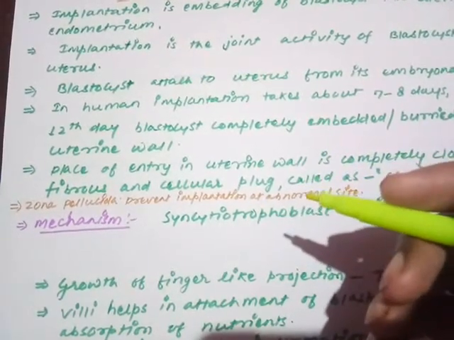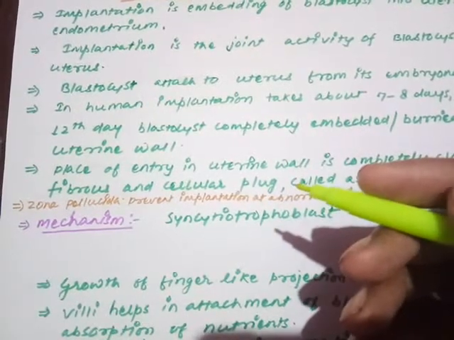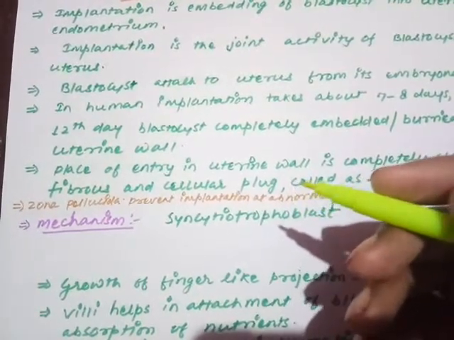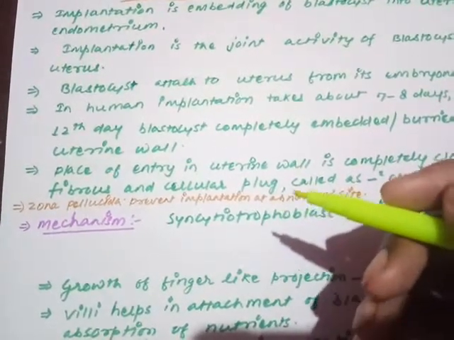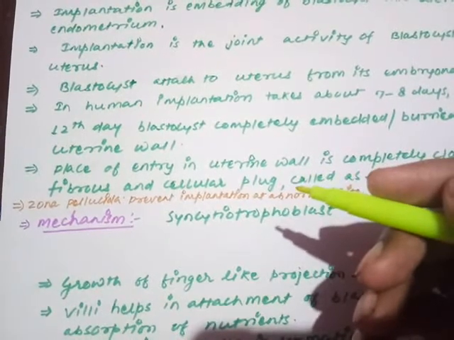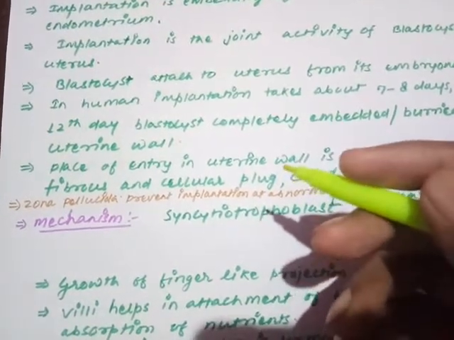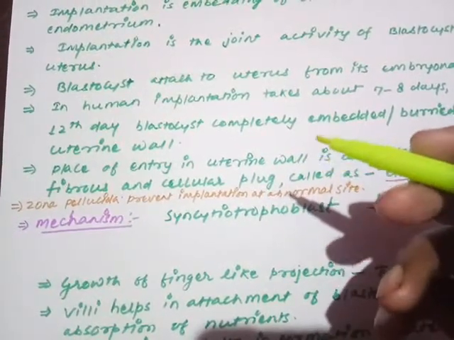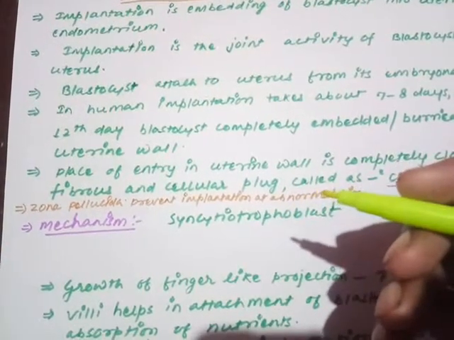So the zona pellucida checks the implantation process at abnormal sites. After implantation, there is no role for the zona pellucida, so it is digested or removed. Now only the trophoblast and embryonal cells remain, along with the other structures.